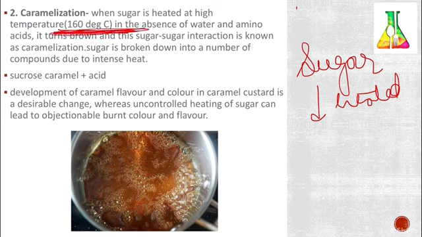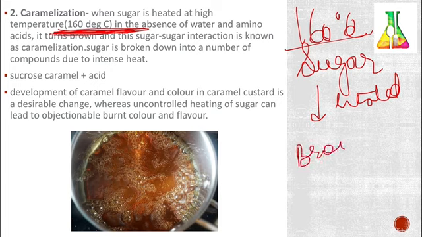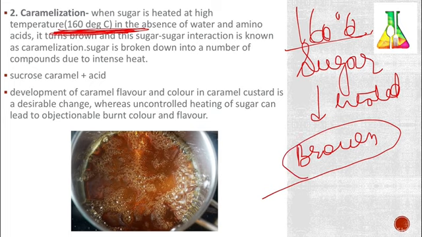Okay, note it, 160 degrees Celsius. So sugar in dry condition when heated beyond its melting point decomposes to form a brown mass, and that brown mass is known as caramel. Caramel is bitter in taste, astringent taste. Okay, bitter and astringent taste.